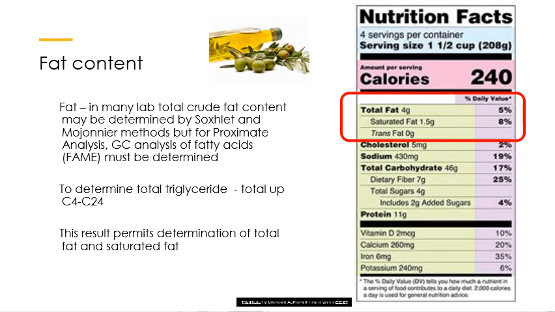By performing this GC analysis, you'll be able to determine the fatty acid composition. So what you need to do is total up the triglycerides, and this will give you the values, the concentration or percentage, of your saturated and total fat.